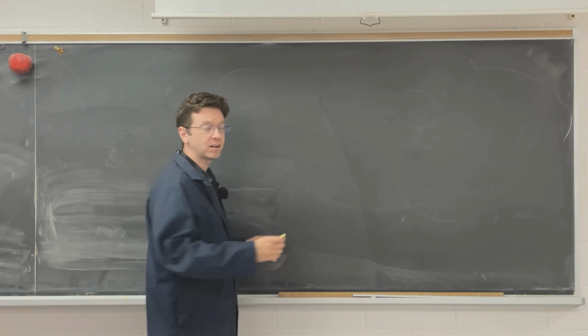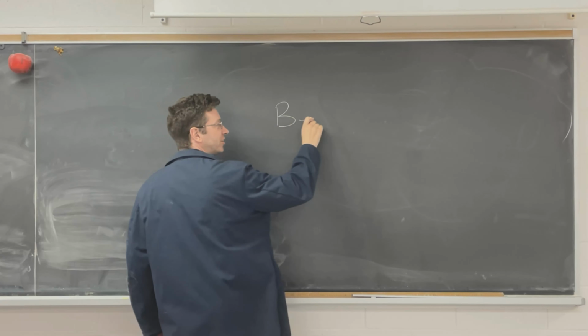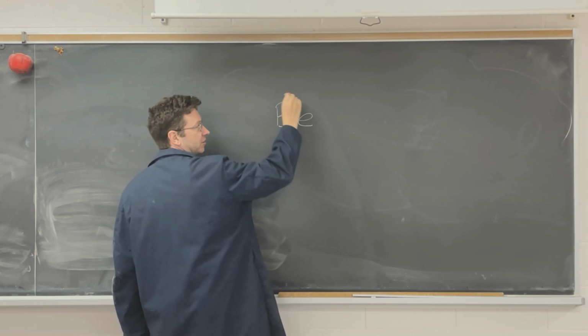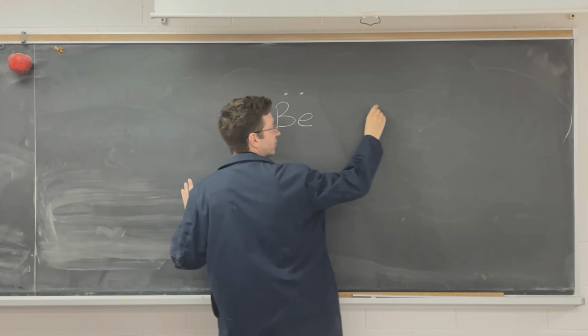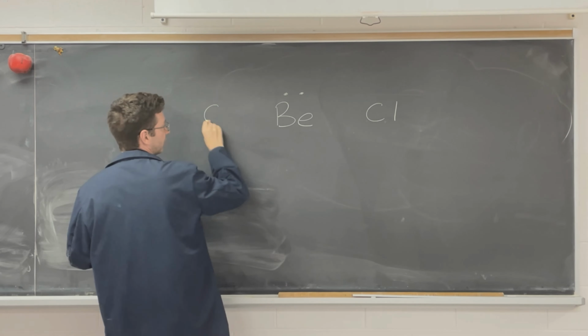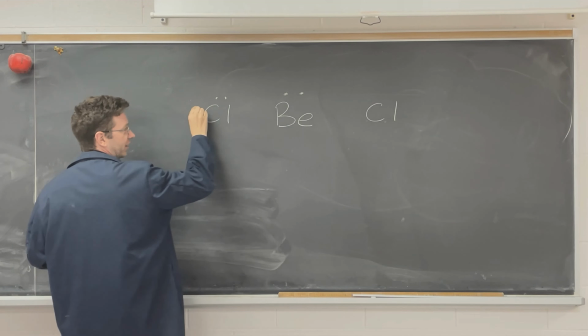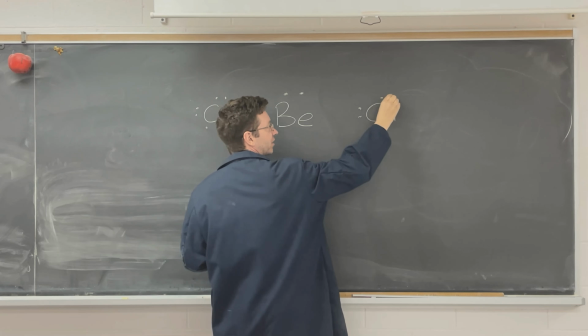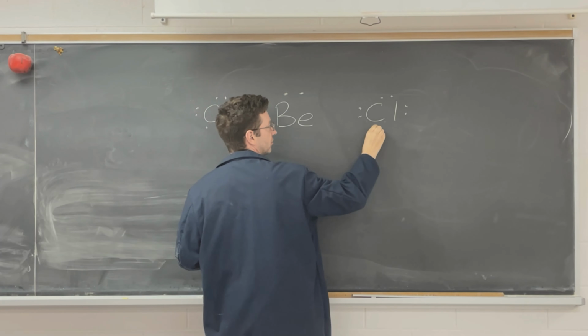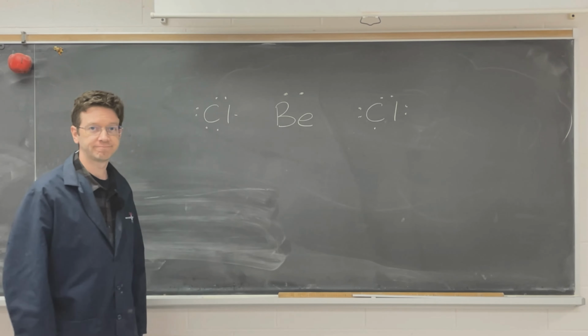Take beryllium and chlorine, for example. Now, if your teacher were to ask you to do a Lewis structure of beryllium chloride, so we've got 2 chlorines, each with 7 valence electrons, and then you have beryllium with 2 valence electrons.